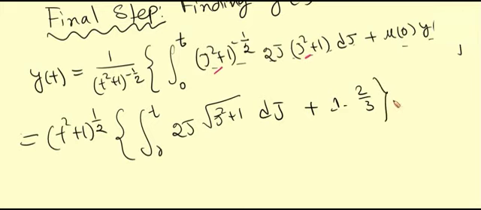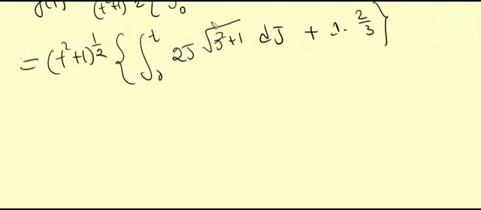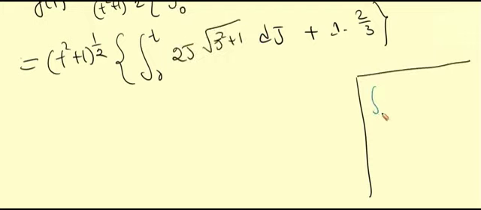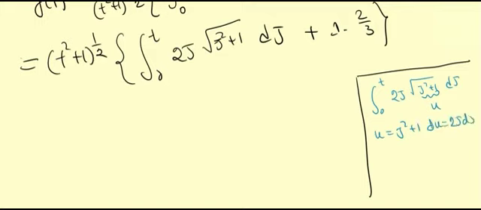Okay, now what remains is just to evaluate this integration, which is pretty easy if you remember how to use integration by substitution. So this is just the integral from 0 to t of 2 tau times square root over tau square plus 1, d tau. Take this tau square plus 1 to be u, so u equals tau square plus 1, then du is just 2 tau d tau, right?